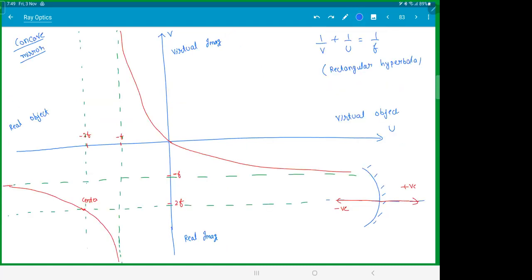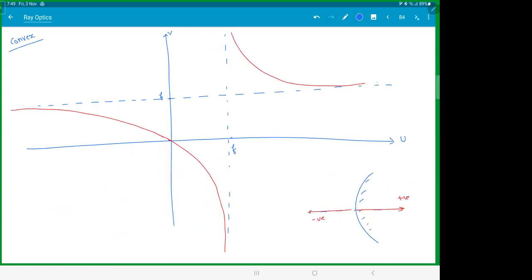It kind of looks like this, inverted, meaning this came here and this came here. They got shifted. Clear?